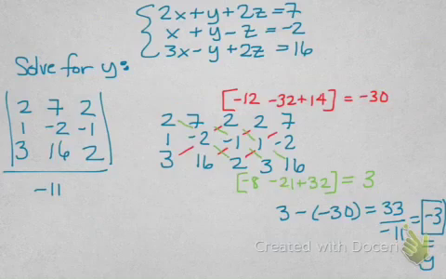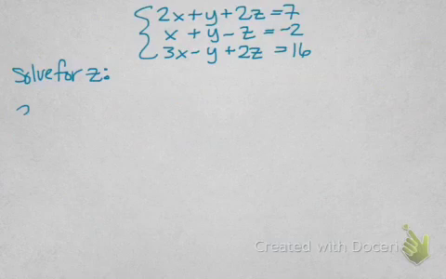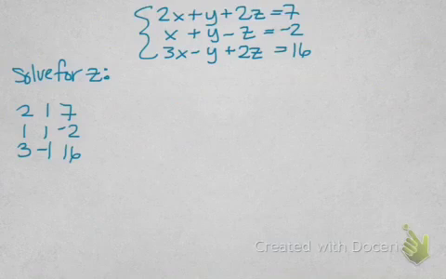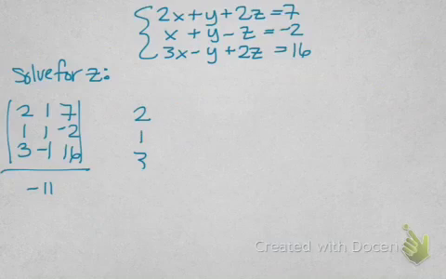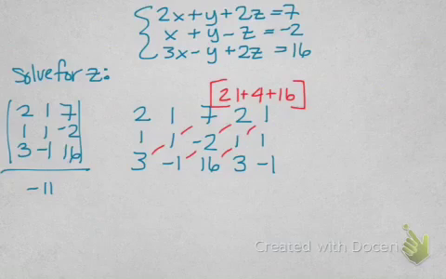Now we need to solve for z. So we'll put 2, 1, 3, 1, 1, negative 1, and then 7, negative 2, 16 goes in place of the z's. All of that over negative 11. So we'll put our determinant, repeat the first two columns, and multiply upwards. When we add the top together, we're going to get 41.